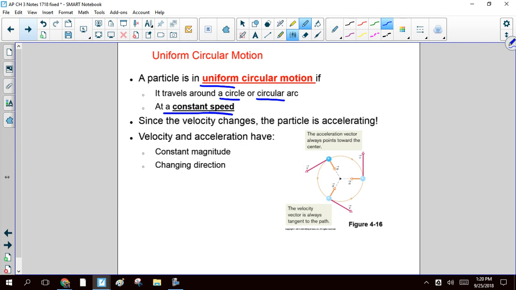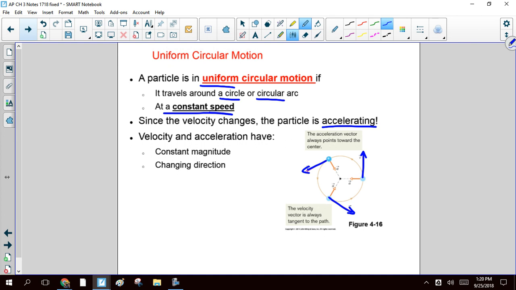Now, remember, velocity is speed and direction. Since as your object is going in a circle the direction is always changing, that means that it is accelerating, even though it's not speeding up or slowing down.